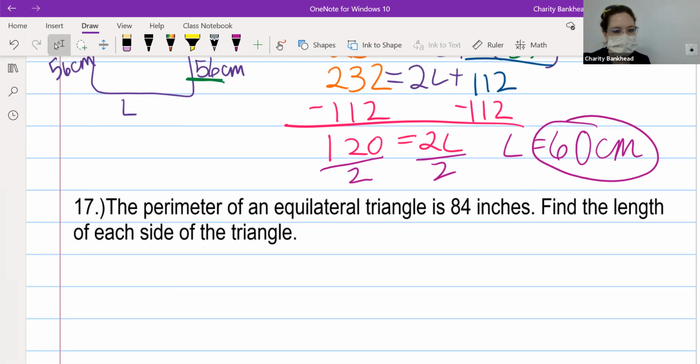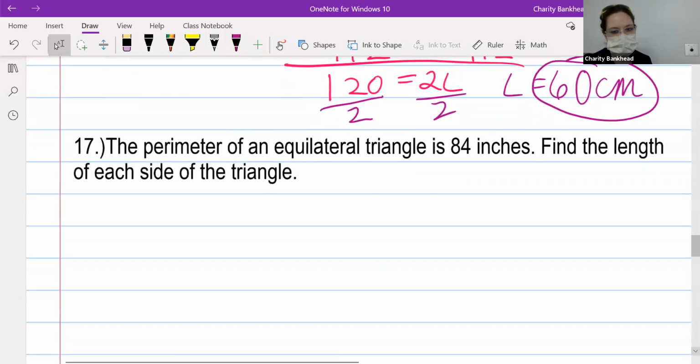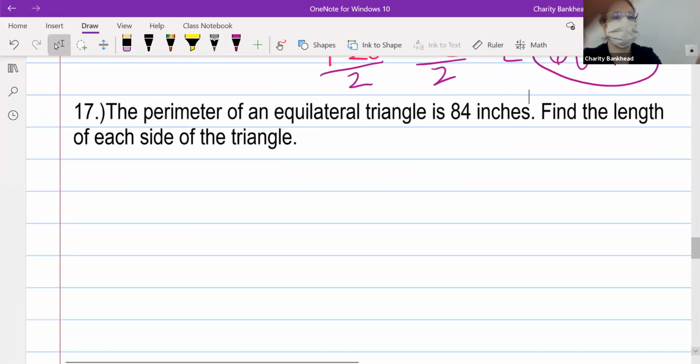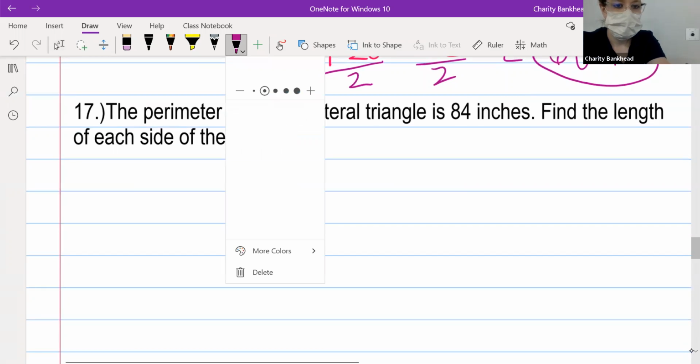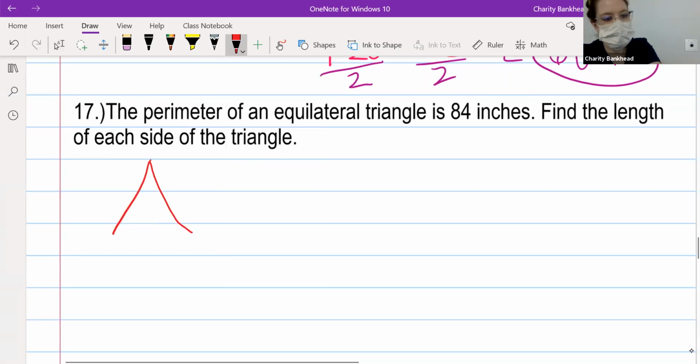Okay, number 17. The perimeter of an equilateral triangle is 84 inches. Find the length of each side of the triangle. So equilateral means that all of the sides are the same length. So we can use whatever variable you want for the side. You can use L for length, or you could just use X or whatever, it doesn't matter.